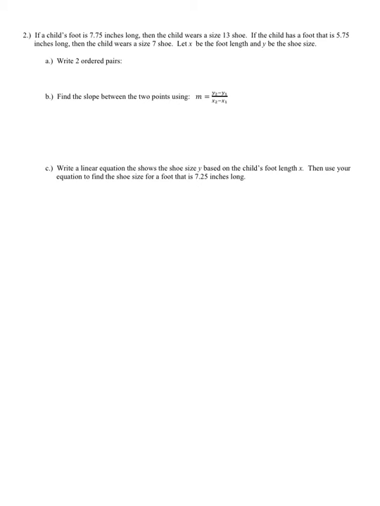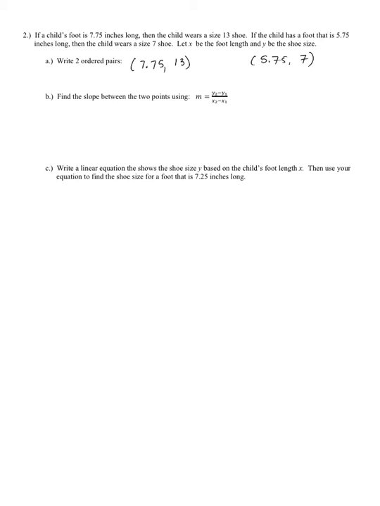So our two ordered pairs: input is length of foot and output is shoe size. We'd have 7.75 and 13 as our first point, and then 5.75 and 7 as our second point.